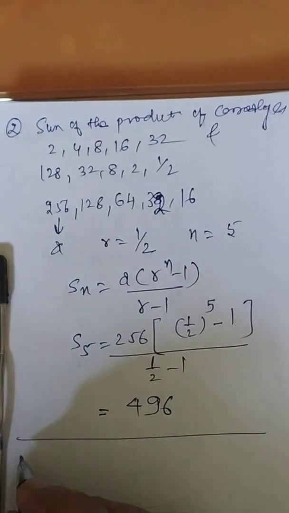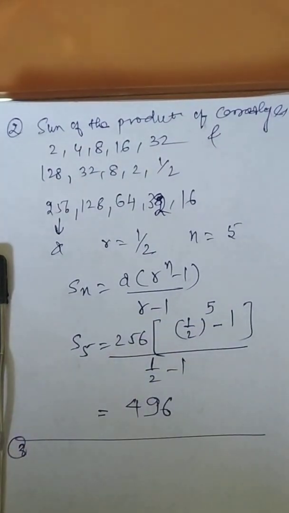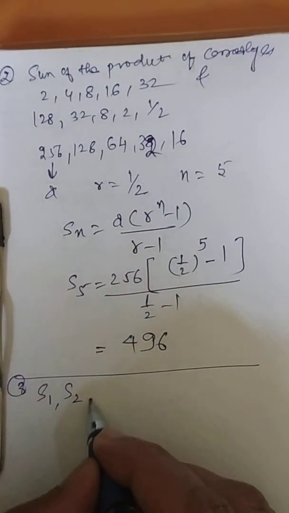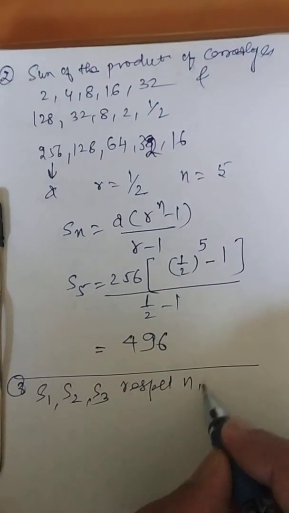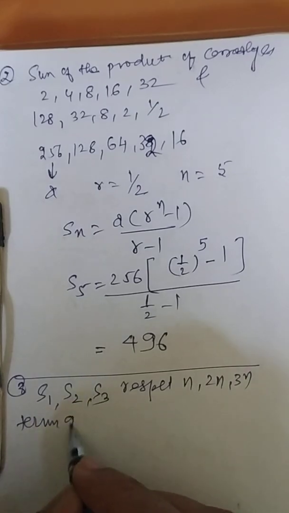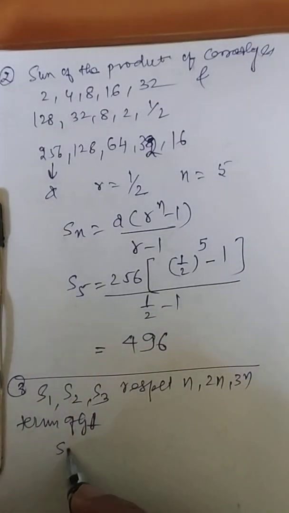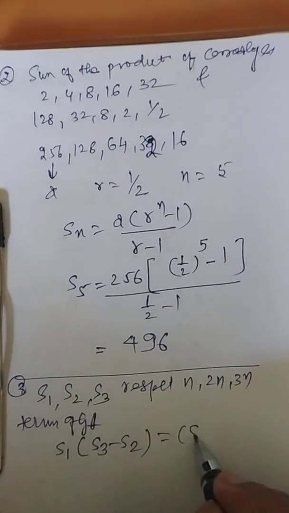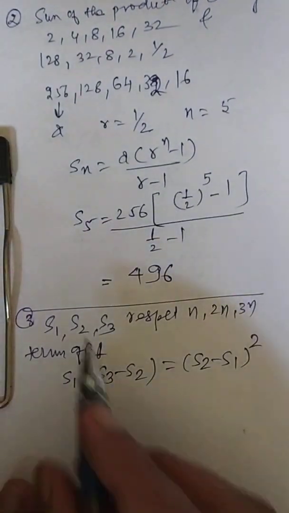Now the next question. S1, S2, S3 are the respective sums of n, 2n and 3n terms of a geometric progression. Then show that S1 into (S3 minus S2) will be equal to (S2 minus S1) the whole square. I am just initiating the problem.